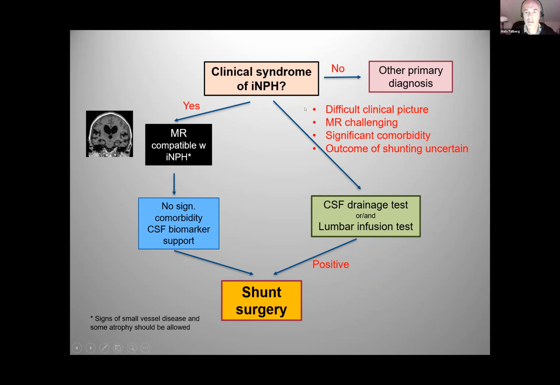On the other hand, if you have a difficult clinical picture, if the MRI is challenging, or if you have a significant comorbidity that will probably affect prognosis and the outcome of shunting, then you should add some kind of additional test, for instance a CSF drainage test like the ELD or the TAP test, or a lumbar infusion test. And if that test is positive, then you can go for shunt surgery.